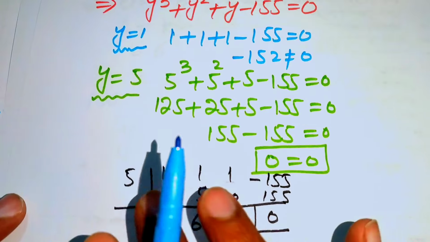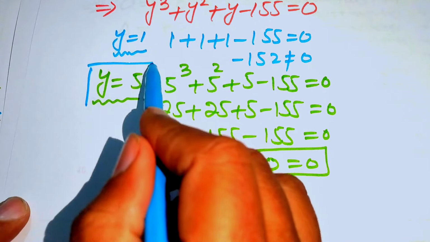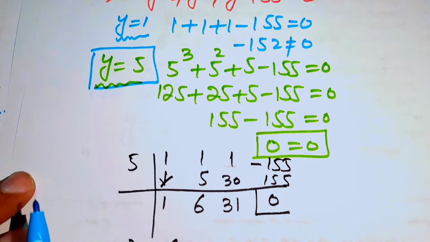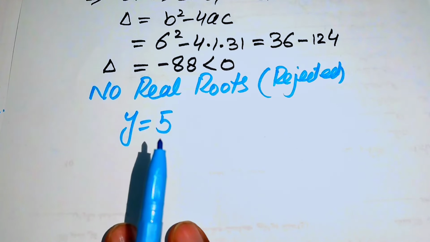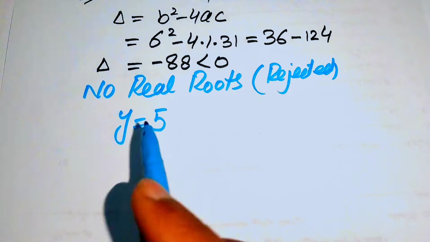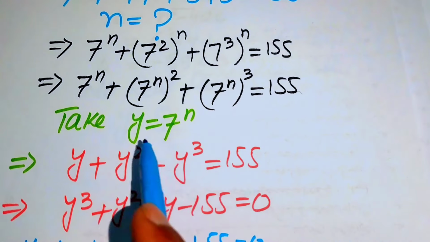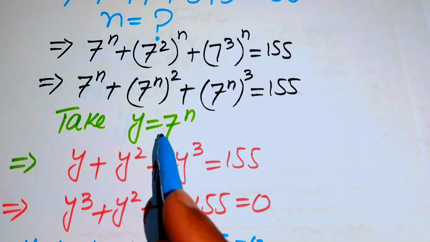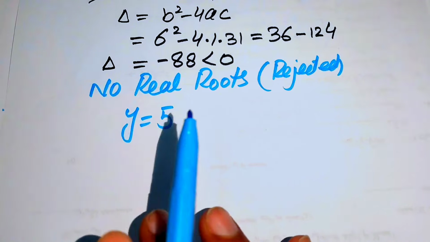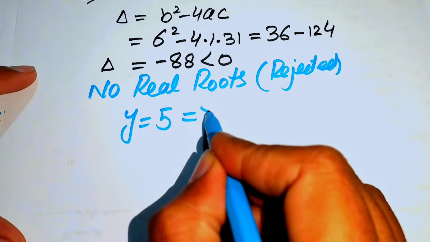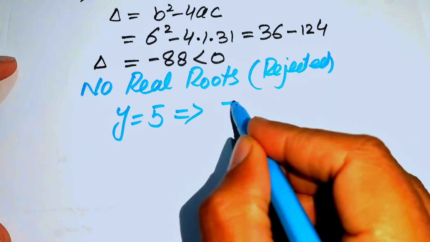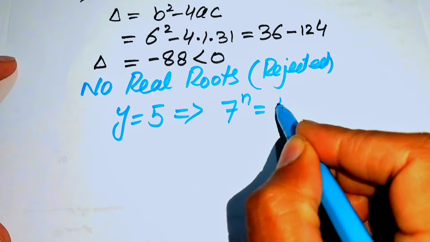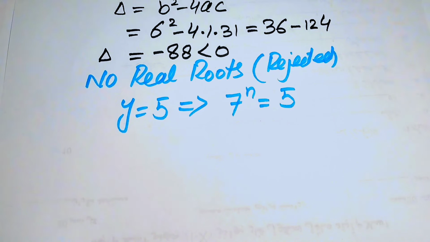Now we take y equals 7 to the power of n, and back substitute the value of y. So this equation implies that 7 to the power of n equals 5. Now we can solve this equation and get the value of n.